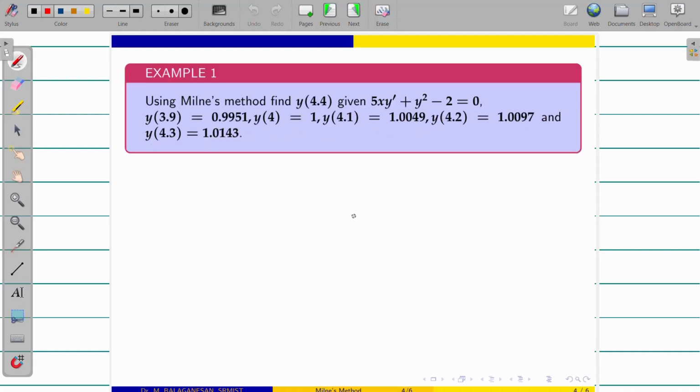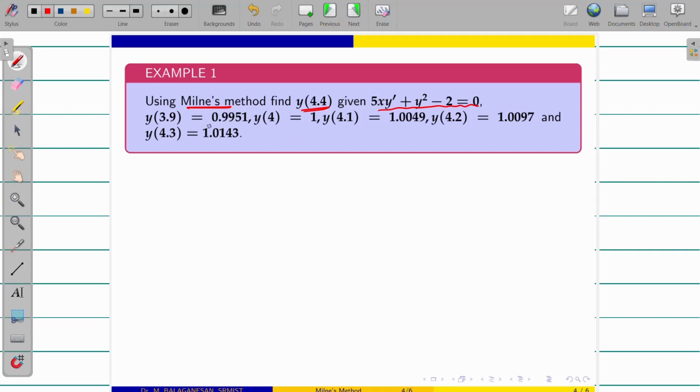Right. I have given one example here. Using Milne's method, find y of 4.4. Given this ODE, here also, to confuse you, they have given it like that. Only keep the derivative on the left hand side, take everything to the right hand side, and you can get the function.